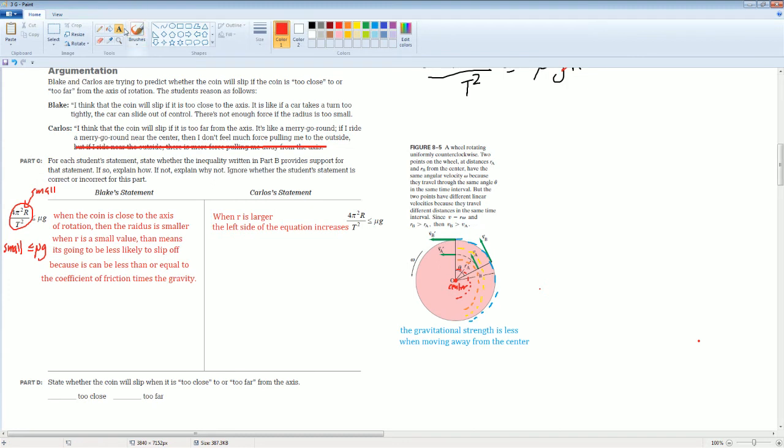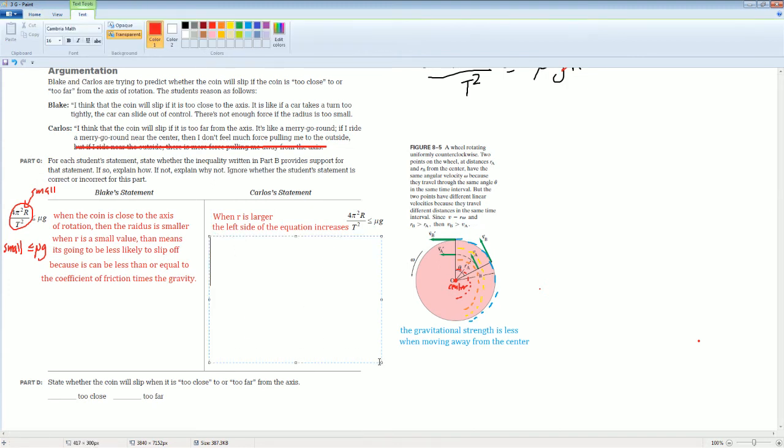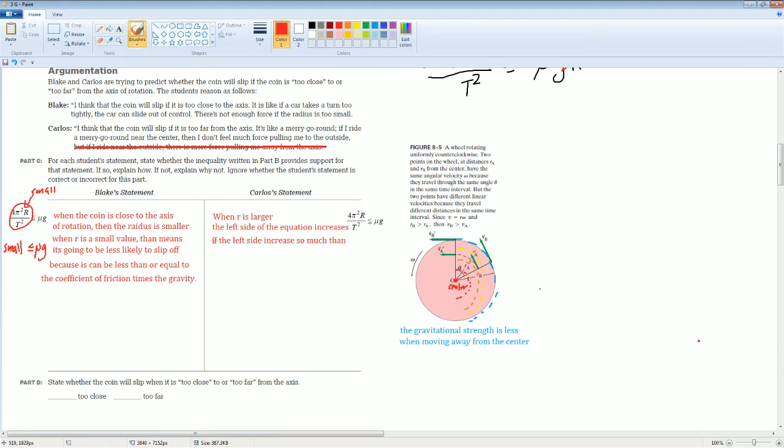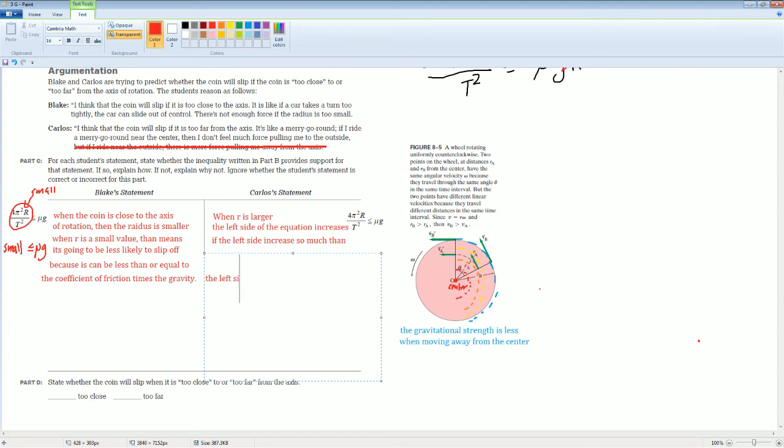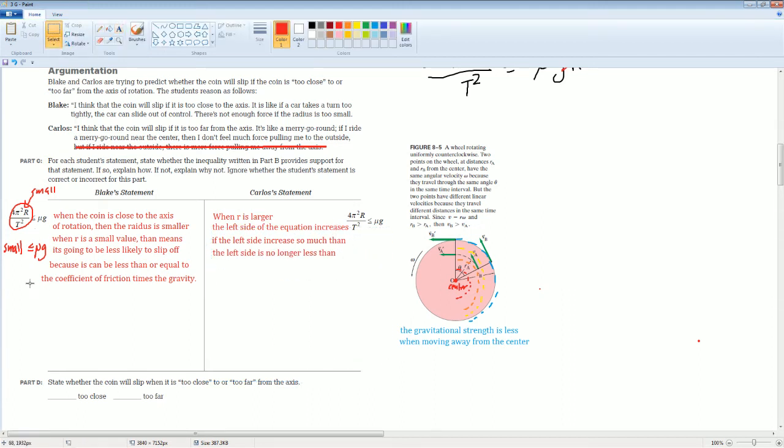And the fact that the left side increases so much that the left side is no longer less than the coefficient of friction times gravity.